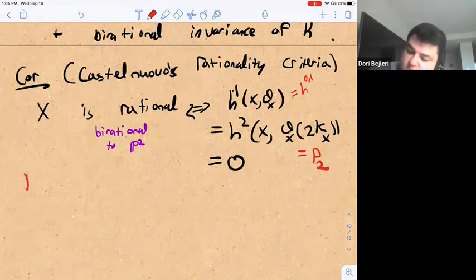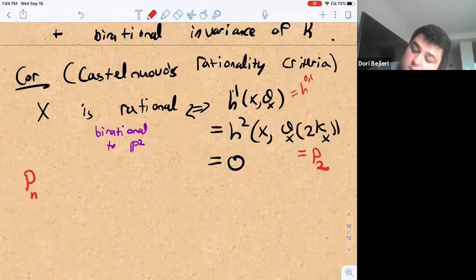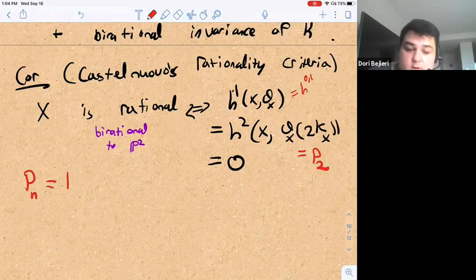In general, these plurigenera are the global sections. Sorry, that was supposed to be a 0 here.